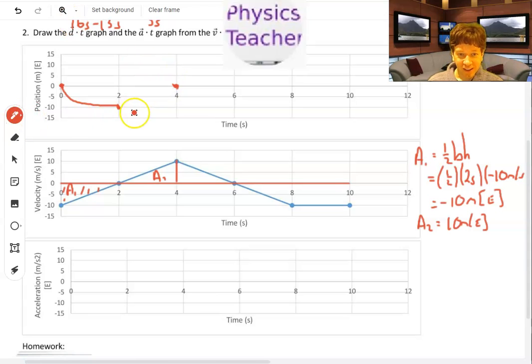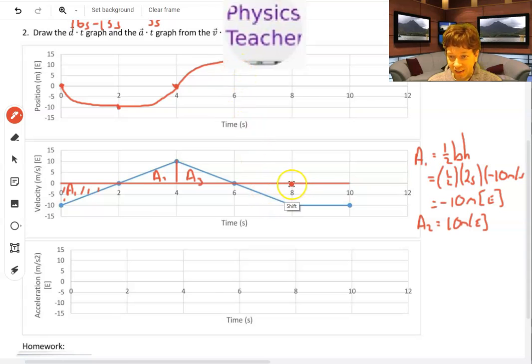So we're just going to draw the curve here that shows an increasing slope like that. And we're going to continue this pattern. So this is A3, which is also, if you look at the area, going to be 10 meters east. So we go another 10 meters east. But in this case, we're slowing down. So we're going to draw a curve that shows a slope that is slowing down.